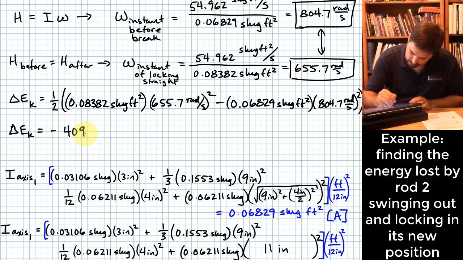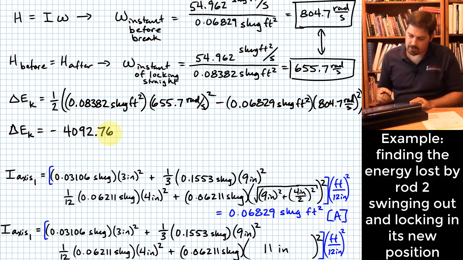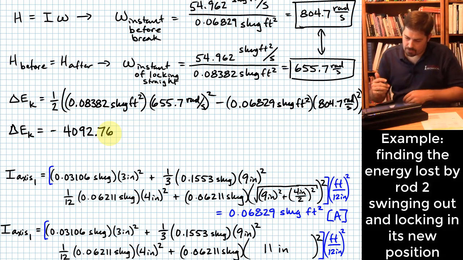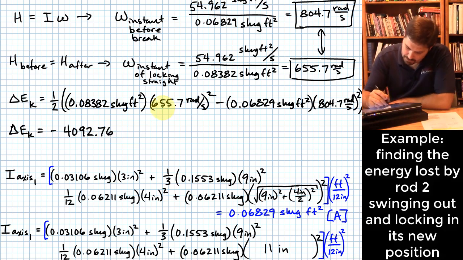Now let's think about what these units would actually be here. This would be 1/2 of all these. This is slug feet squared per second squared, it looks like, is what one of these terms winds up being.